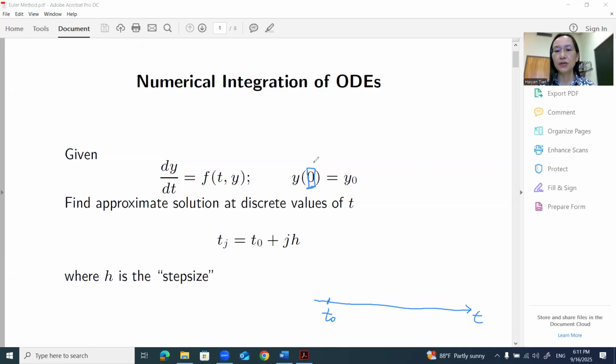It doesn't have to be 0. So t0 can be 0 or can be another value. So it is a point where, when t is t0, the y value is given, y0. So that is the point that the curve will pass through. And then I also want to know at t1 the y value, at t2 the y value.